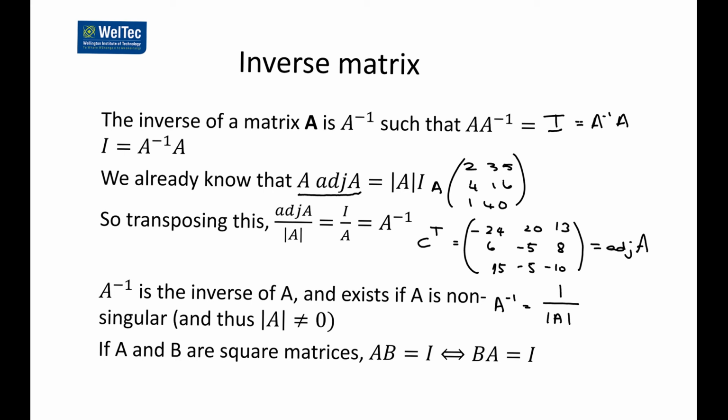So the inverse is 1 over the determinant times the transpose of the cofactors, and we've already found that the determinant is 45, so it's 1 over 45 times negative 24, 20, 13, 6, negative 5, 8, 15, negative 5, and negative 10.